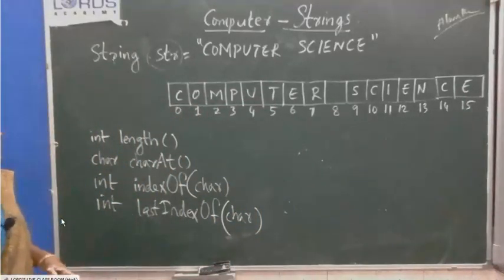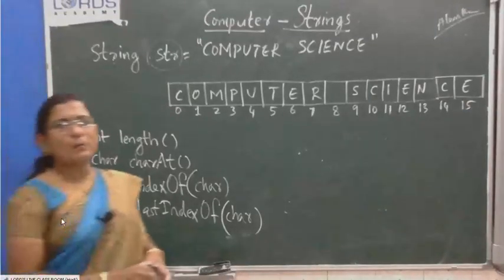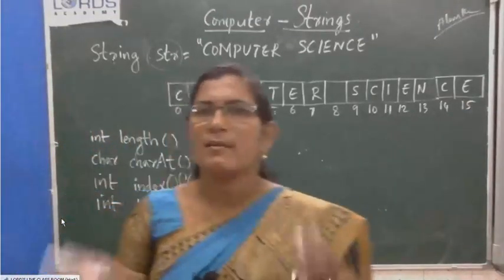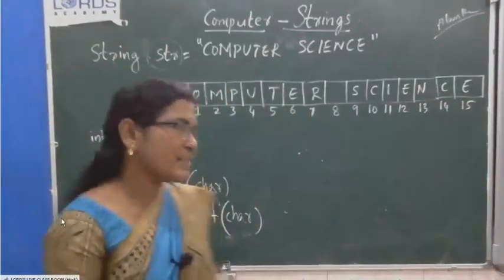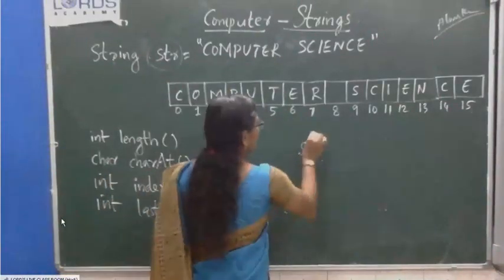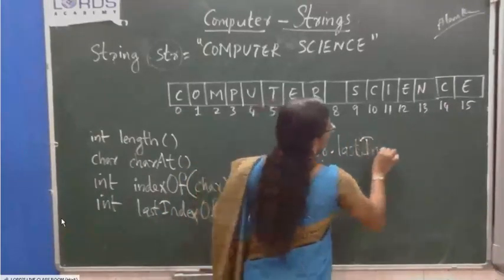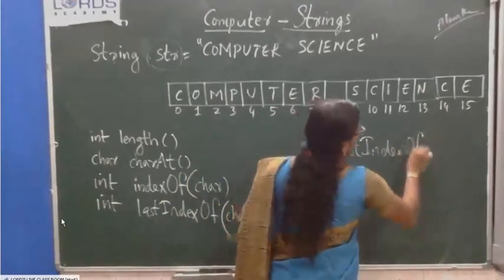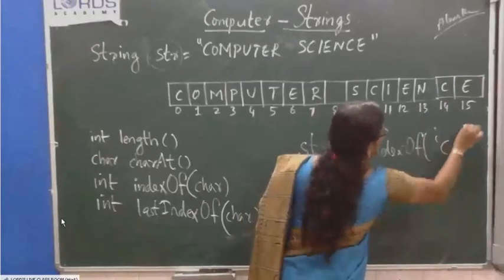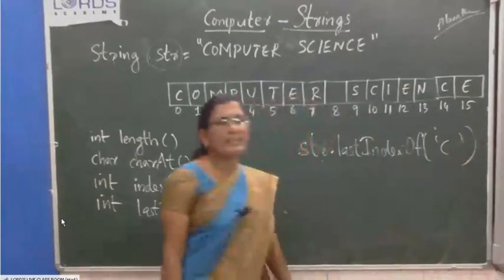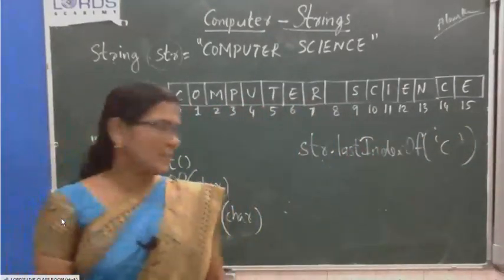Is there any other character repeating? C is repeating. I want to find out the index of the last occurrence of the character C. str dot lastIndexOf C. Where C comes last in the given string.